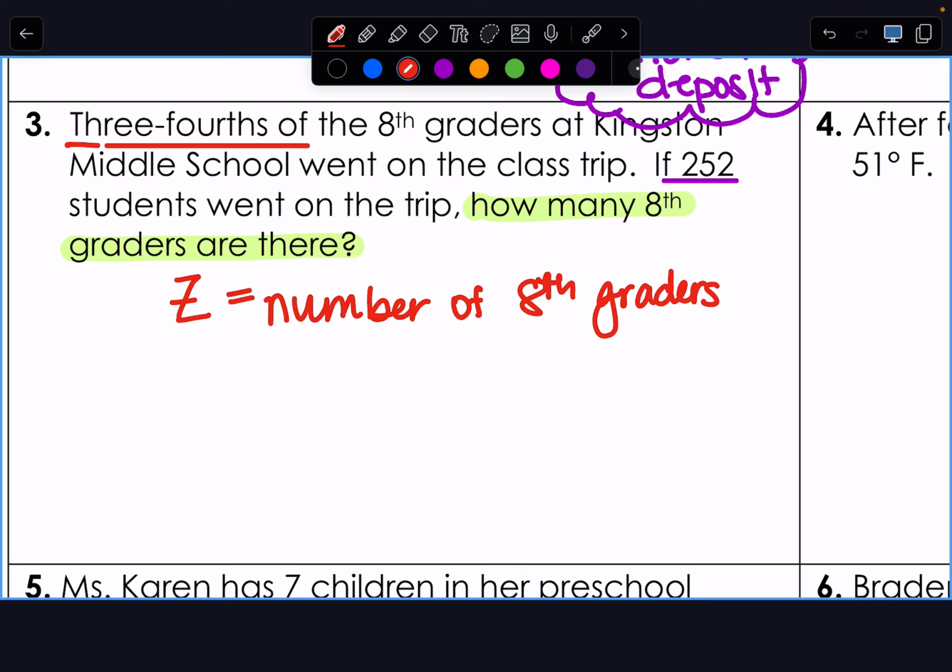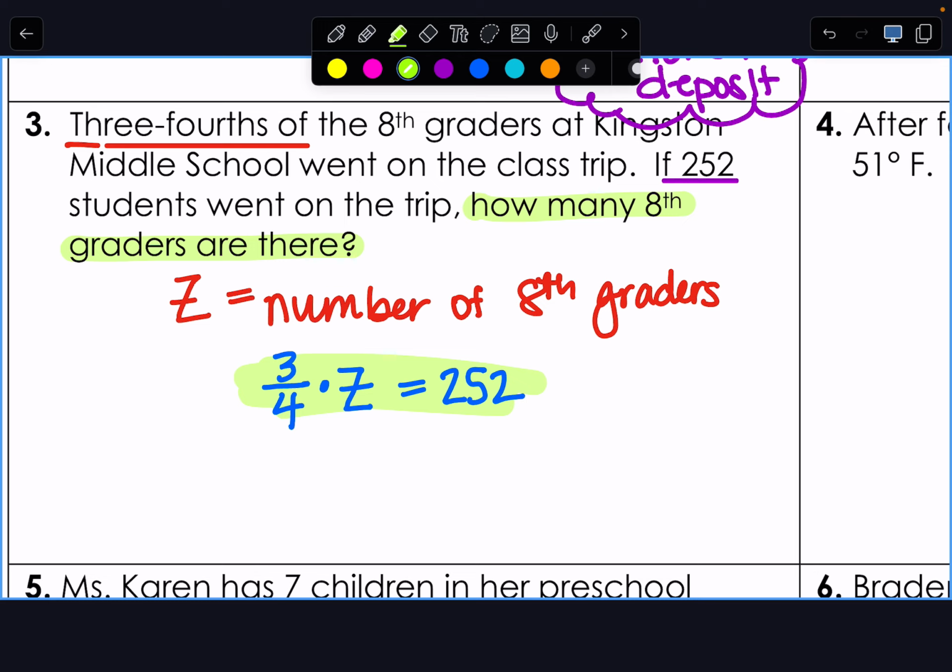What does that "of" word mean? Multiplication. 3/4 of the 8th grade class go on a trip. So if I take the total number of 8th graders and multiply it by 3/4, we should get 252. Okay? It is very important that you have this right here.